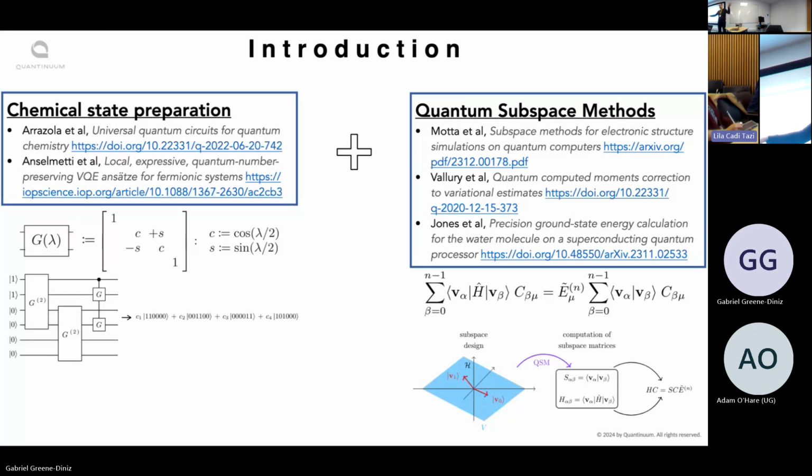So ground state energy and beyond ground state properties can be gained by quantum subspace methods, which in turn work well by having a good initial state preparation method.